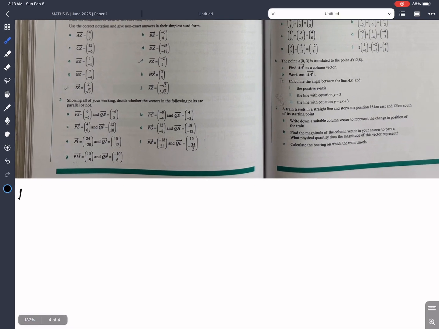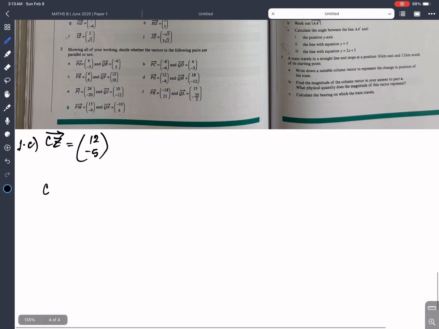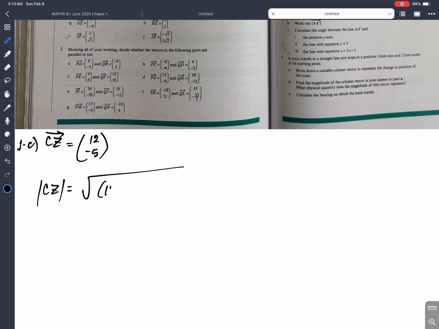In 1C, we have CZ, column vector (12, -5). So how can we find the modulus? First of all, root over 12 square plus negative 5 square. 12 square is 144, plus negative 5 square is positive 25.